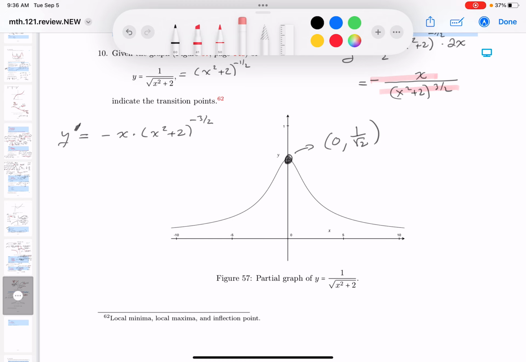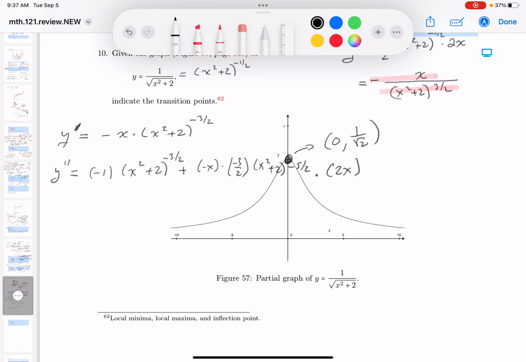I'm going to have to correct my key, by the way. The derivative of the first function is minus 1 times the second function. Then it's going to be plus the first function, which is minus x, times the derivative of the second function, which is minus 3 over 2, (x squared plus 2) to the minus 5 halves times 2x. All right?